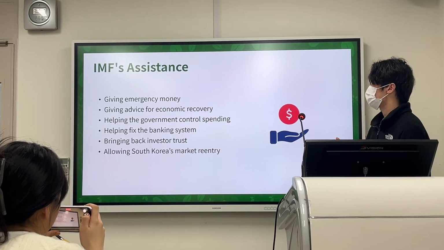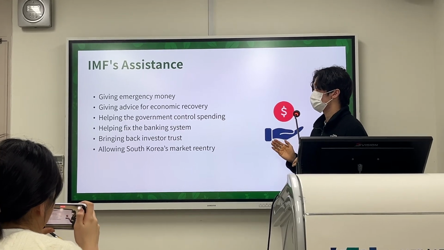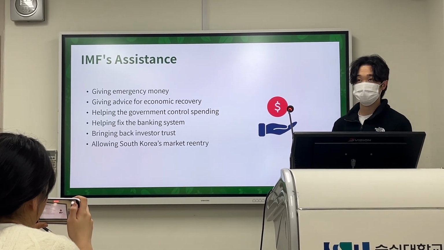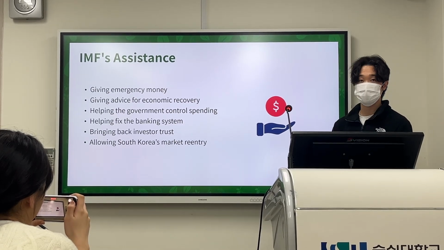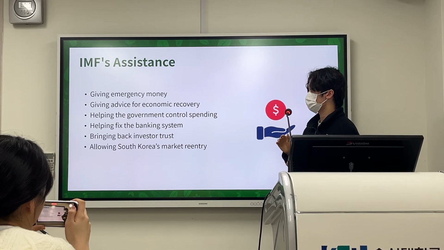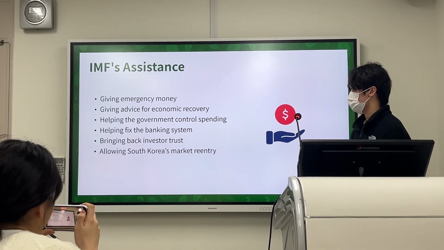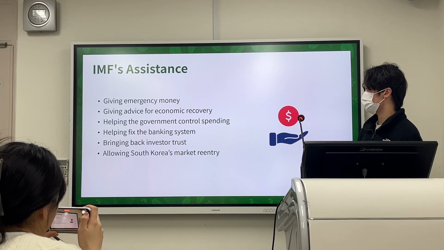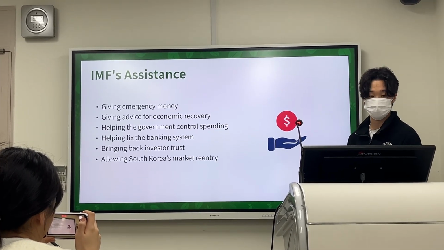There are many IMF assistances. First, IMF gave emergency money to South Korea. It gave $55 billion, and this money helped South Korea from going bankrupt and collapsing. And also, it gave a lot of financial advice for economic recovery. And this advice helped the government control spending and to fix the banking system at the time.